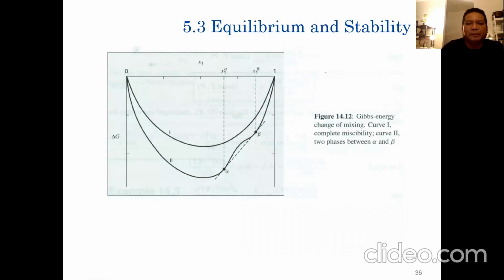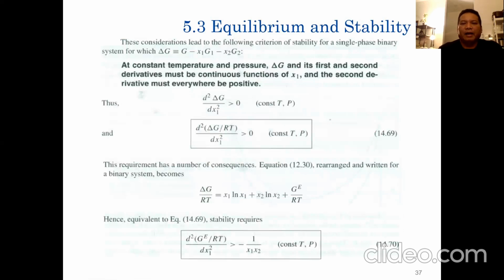Equilibrium and stability again. At constant temperature and pressure, delta G and its first and second derivatives must be continuous functions of x1, and the second derivative must be everywhere positive. So this has to be positive, the second derivative for T and P here. Then delta G over RT we can rewrite into this form plus GE, and hence the equivalent of here.